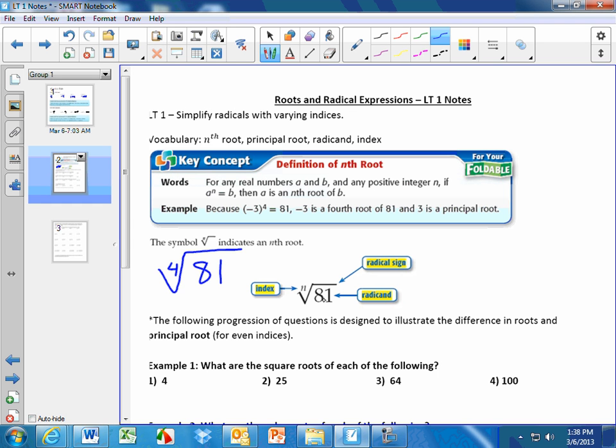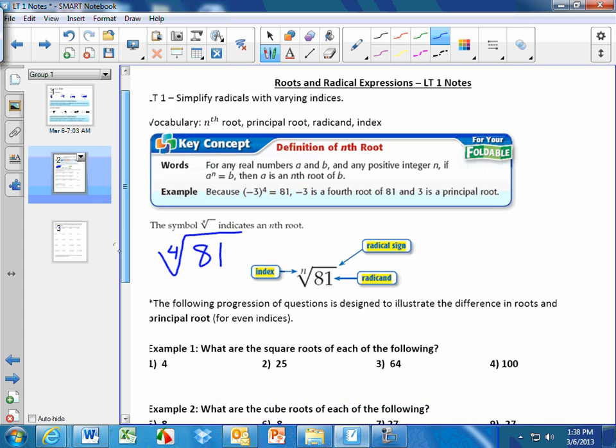Then there's the 81 itself, called radicand. You're going to hear me use that a lot. And the word radicand, just think stuff under the radical. Like on the board over there, there's a 25 and an x squared under the radical. So 25x squared is the radicand. And then last, the radical sign itself.